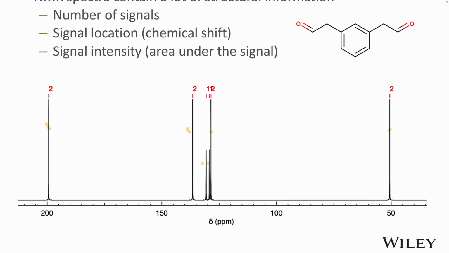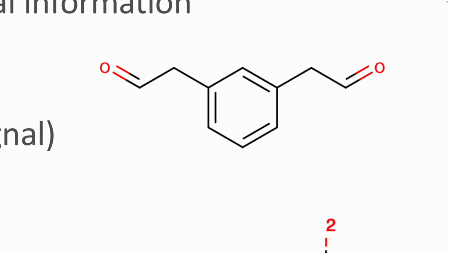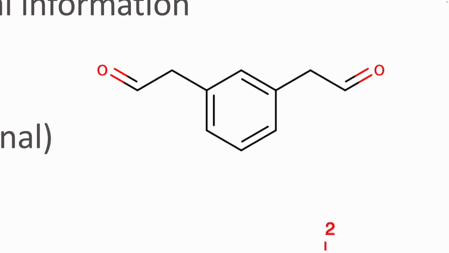Let's see if we can find that here in our example molecule. Again, we are looking for a plane of symmetry. Do we have any planes of symmetry in this molecule? Where is it? Right down the middle, right? So let's put in our plane of symmetry here.